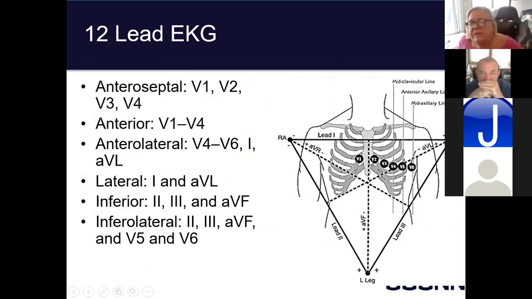And then you have 6 precordial leads, which go from the 4th intercostal space. The right sternal border is V1. 4th intercostal space, left sternal border is V2. Then V3, 4, 5, and 6. Those are called your chest leads or precordial leads.